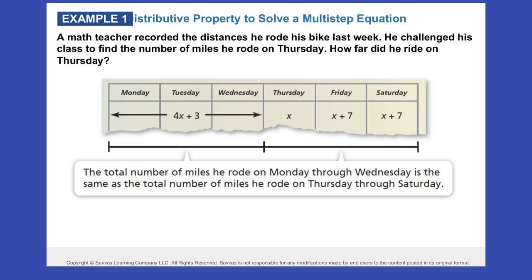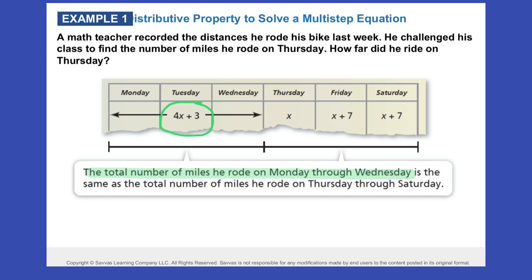A math teacher recorded the distances he rode his bike last week. He challenged his class to find the number of miles he rode on Thursday. How far did he ride on Thursday? So we're going to look, and it says that he rode 4x plus 3, which happens to be the total number of miles he rode on Monday through Wednesday.